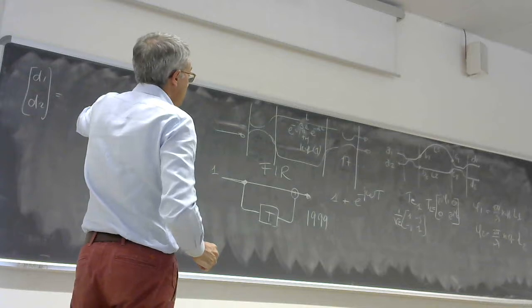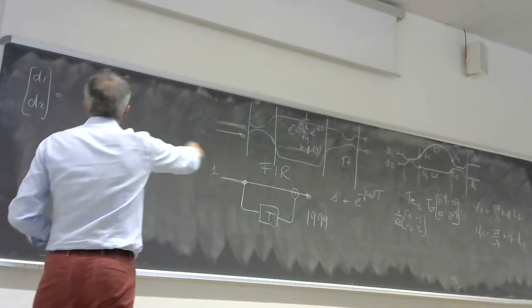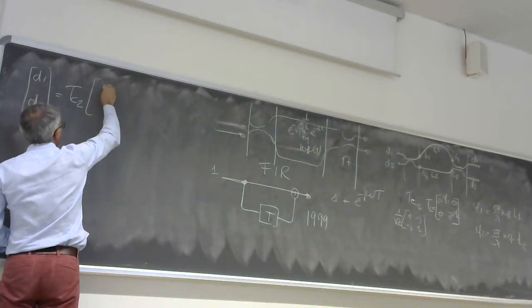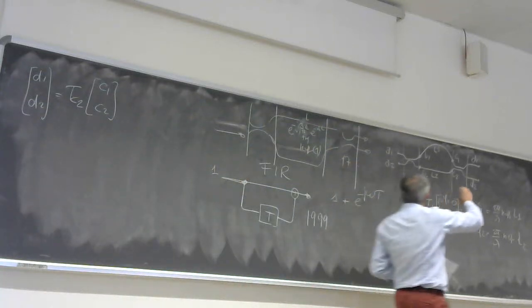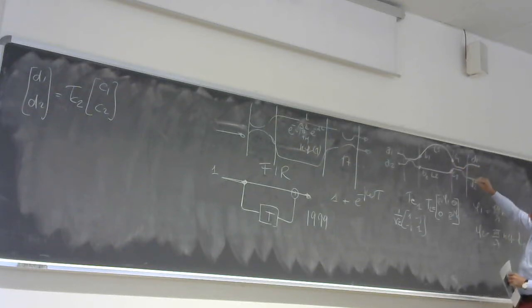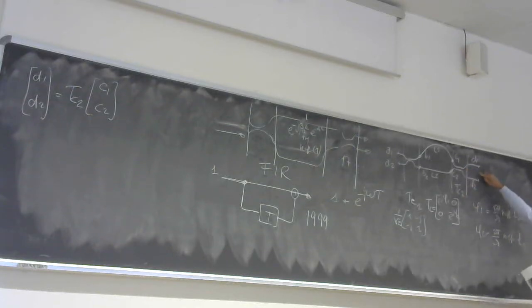What is this? Just T_C2 multiplied by C1 and C2, the two complex amplitudes here. So if you know these two, you multiply by T_C2 and you get the value.